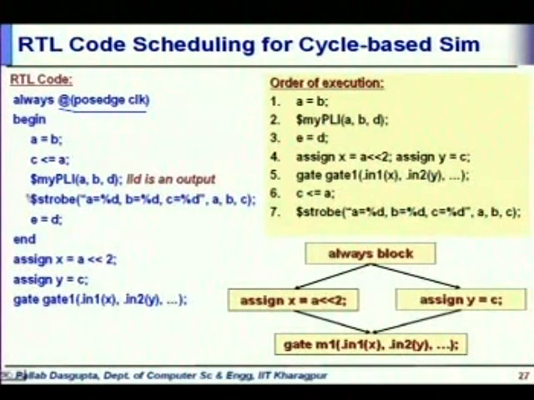There could be another always block which is triggered at the negedge of the clock, or the negative edge of the clock. There can be a block which is triggered at clock, which means that whenever clock changes, does not matter whether it is a posedge or negedge, then it is going to get triggered, right. So, when there is a positive edge of the clock, those always blocks which are triggered at the negedge of the clock will not get simulated, right, and vice versa.